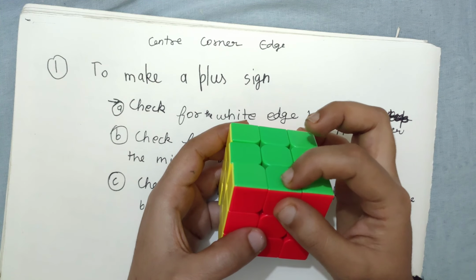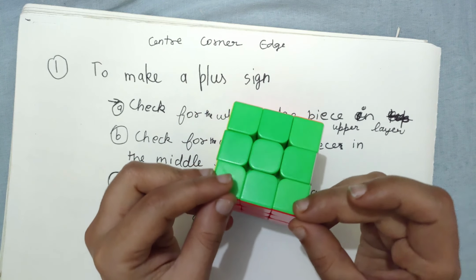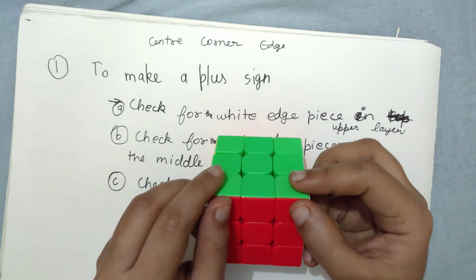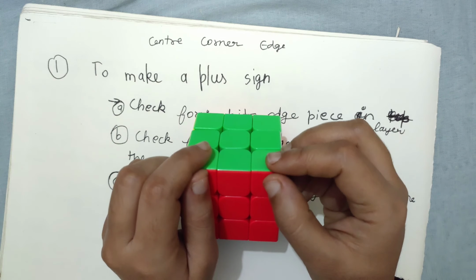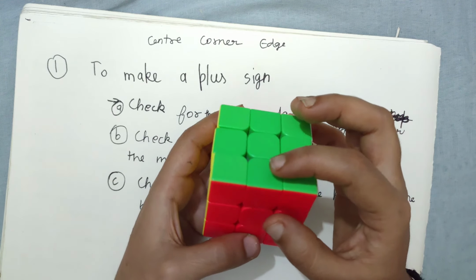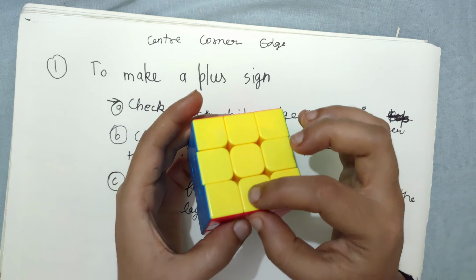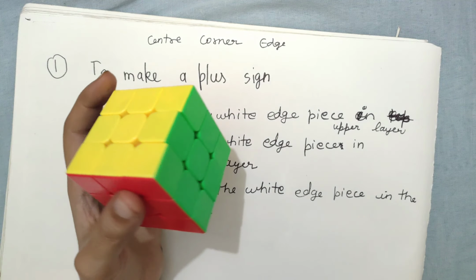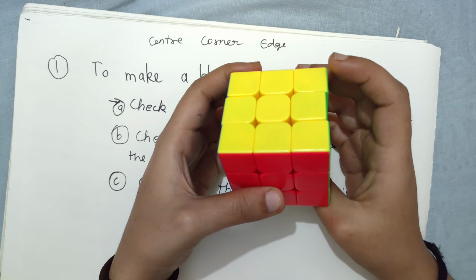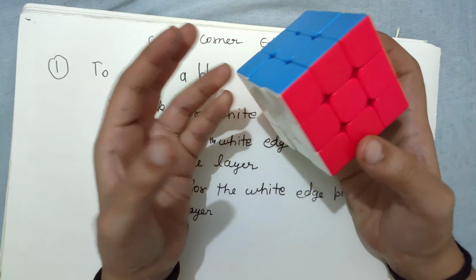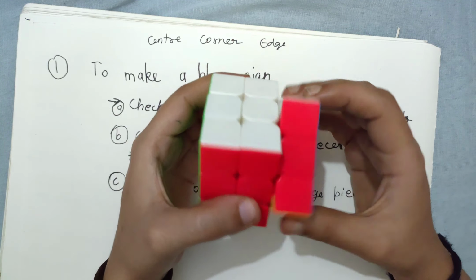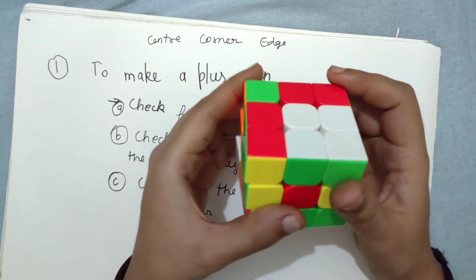It has two colors in it, and it is sandwiched between two corner pieces. So we call them edge pieces. Now first of all, let's scramble it.